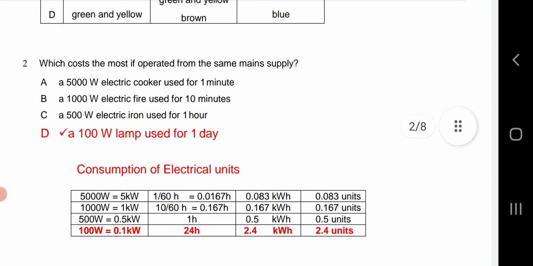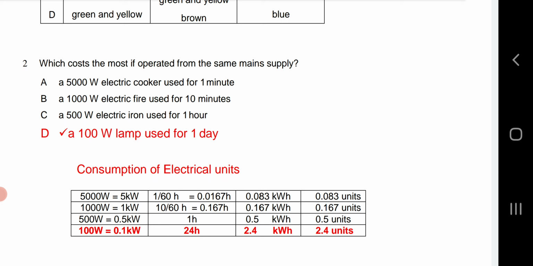Question number 2. Which costs the most if operated from the same mains supply? There are four options. I have calculated the cost of every option. In option A, a 5000 watt electric cooker, I convert 5000 watt into 5 kilowatt, and 1 minute is 1 over 60 hours, so it is 0.0167 hours.